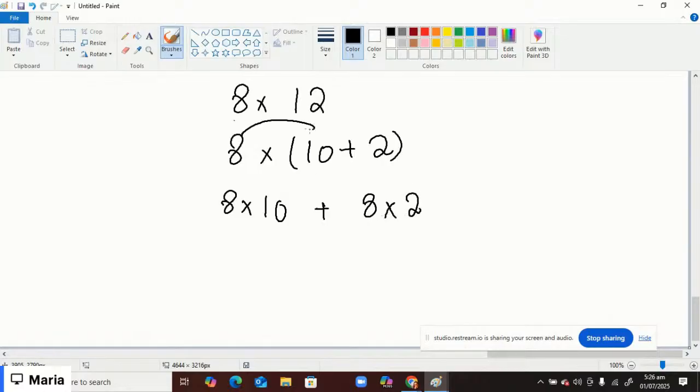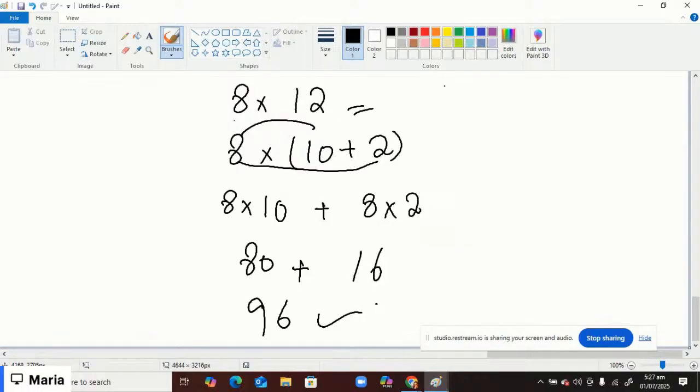Separately 8 multiplied with 10, then 8 multiplied with 2, putting the plus sign between it. Now 8 times 10 is 80 and 8 times 2 is 16. Now add it, 96. And if you just multiply from the start, the answer is also 96.